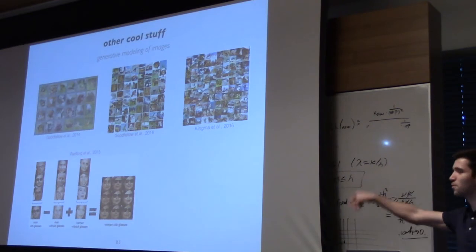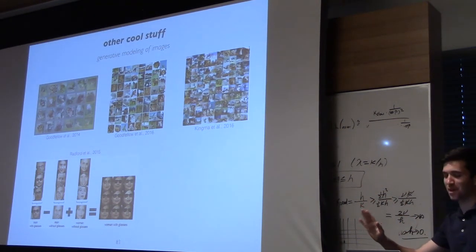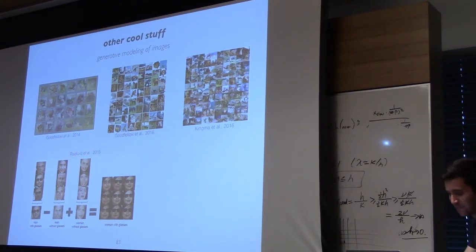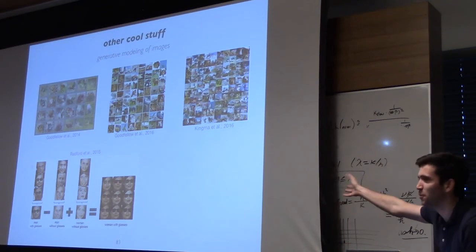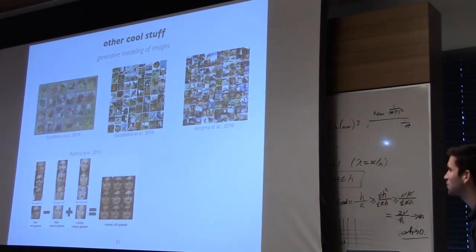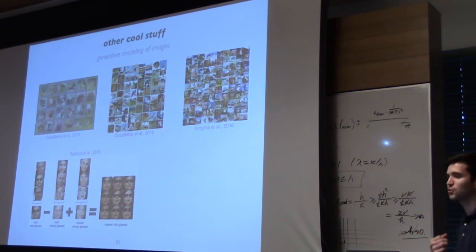And then you add in the woman. My man and woman math is not very good, I'm sorry. But yeah, so you get glasses, and then you add in woman, and you get woman with glasses. So you can do these very interesting things, and it'll be really cool to see. Eventually, you can just think of something that you'd like to see, and these networks will just be able to generate it, and it'll look just amazing.